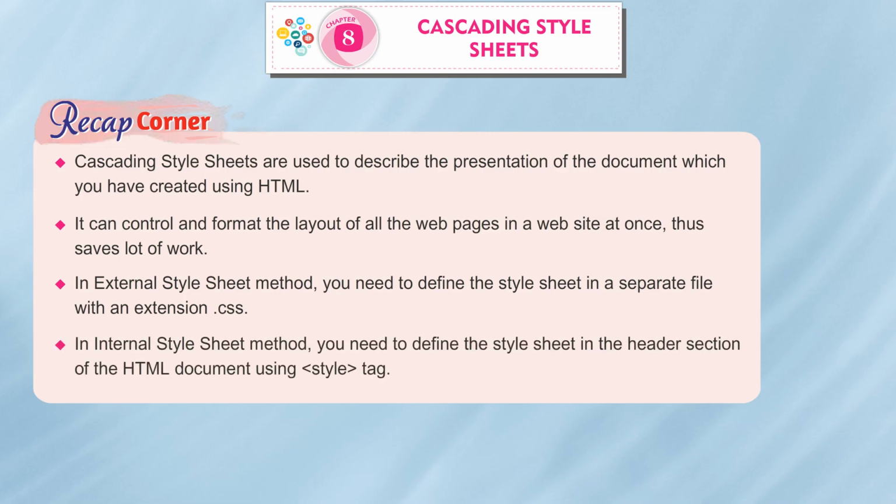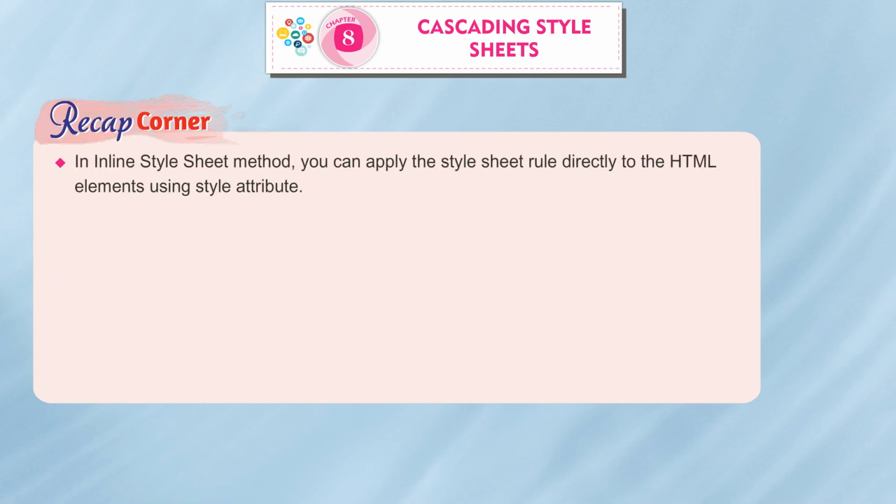In the internal style sheet method, you need to define the style sheet in the header section of the HTML document using the style tag. In the inline style sheet method, you can apply the style sheet rule directly to the HTML elements using the style attribute.